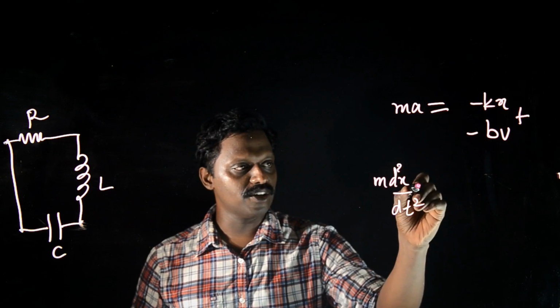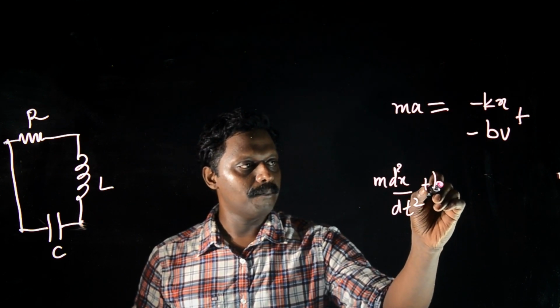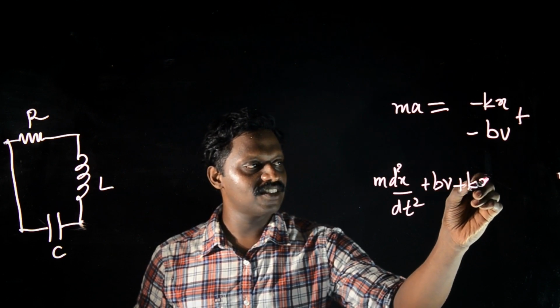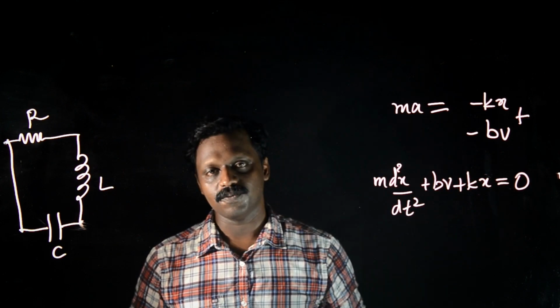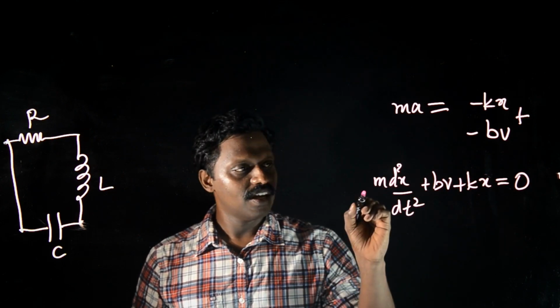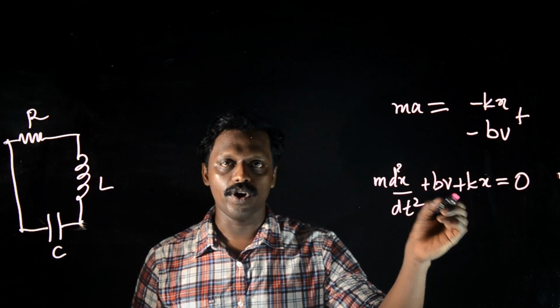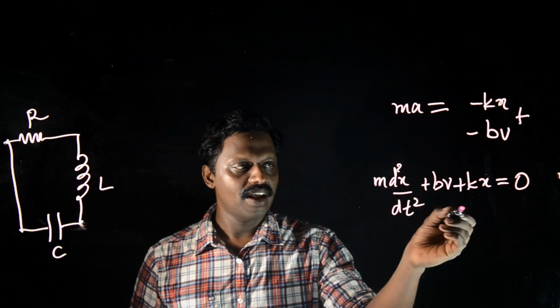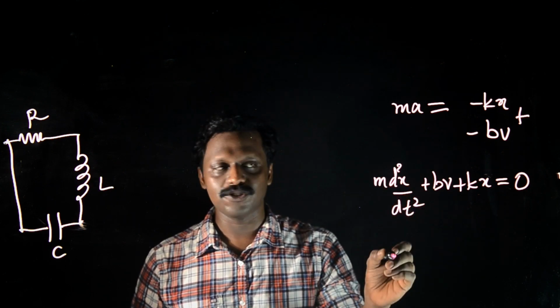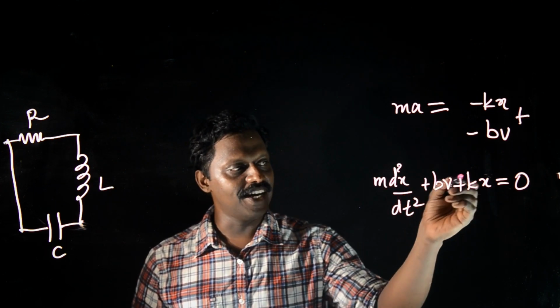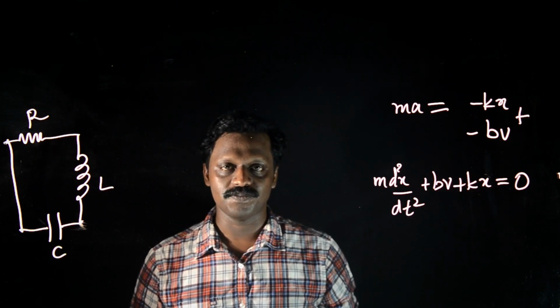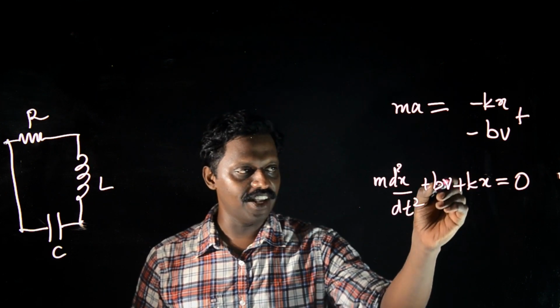On taking to the right side, plus bv plus kx is equal to 0. This is the differential equation for a damped harmonic oscillator. You can write it as d square x by dt square plus b by m dx by dt plus kx by m is equal to 0. Now v is dx by dt.